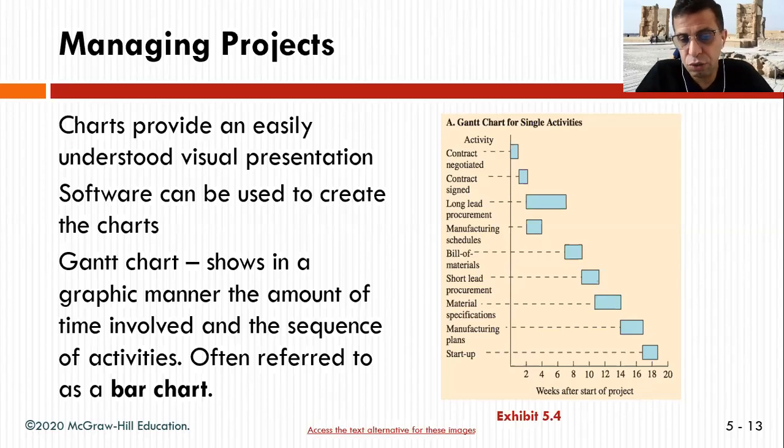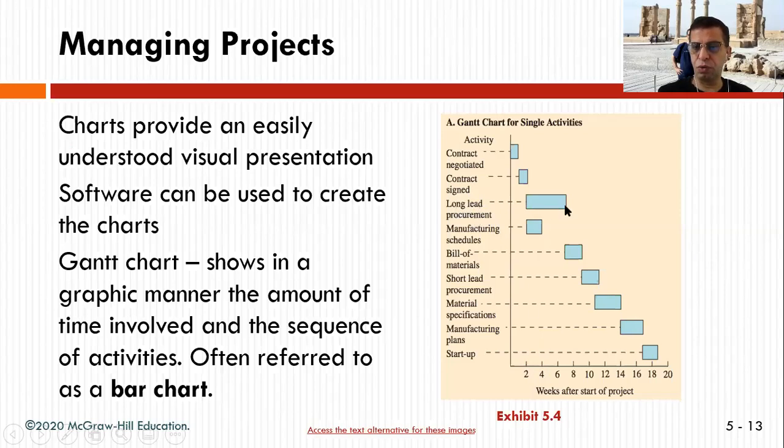A Gantt chart shows in a graphic manner the amount of time involved in the sequence of activities, often referred to as a bar chart. So here is the timing, and these are the activities. The contract negotiation takes 2 weeks, and then contract signing takes 1 or 2 weeks.